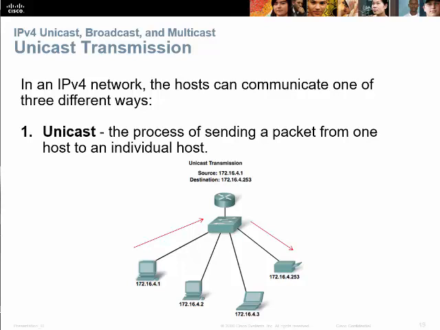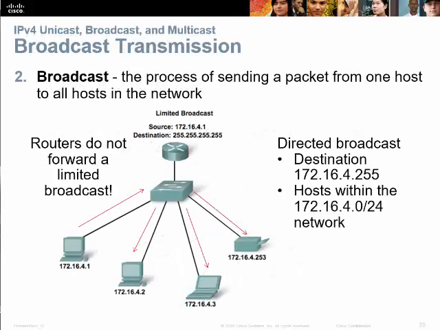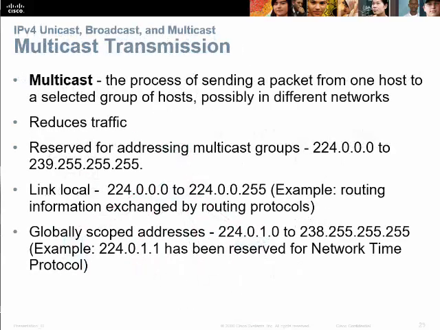Then we have multicast. Multicast is one to many. The process of sending a packet from one host to a selected group of hosts.